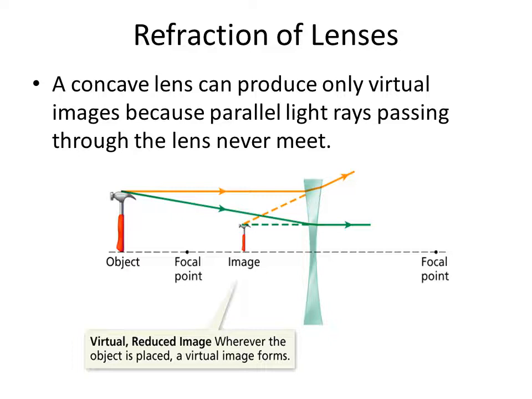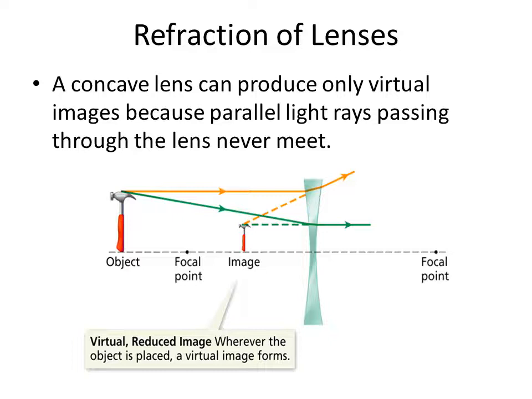Here you can see the image formation by a concave lens, where the object is kept away from the focal point of the lens and the image is formed between the focal point and the lens.